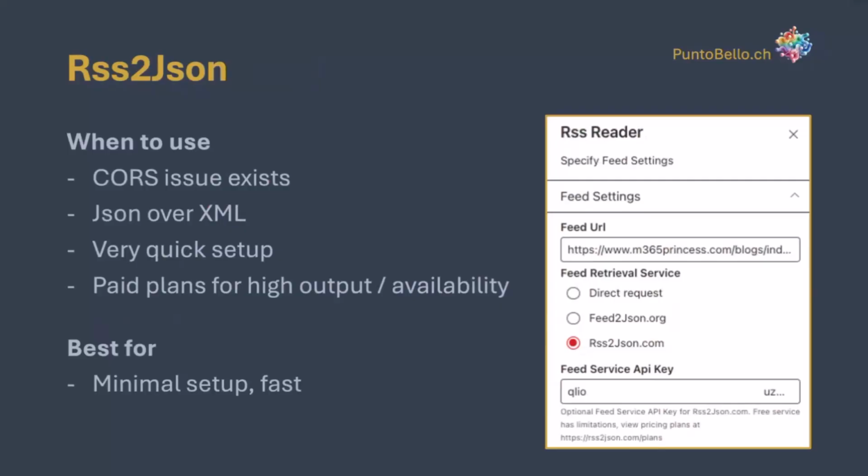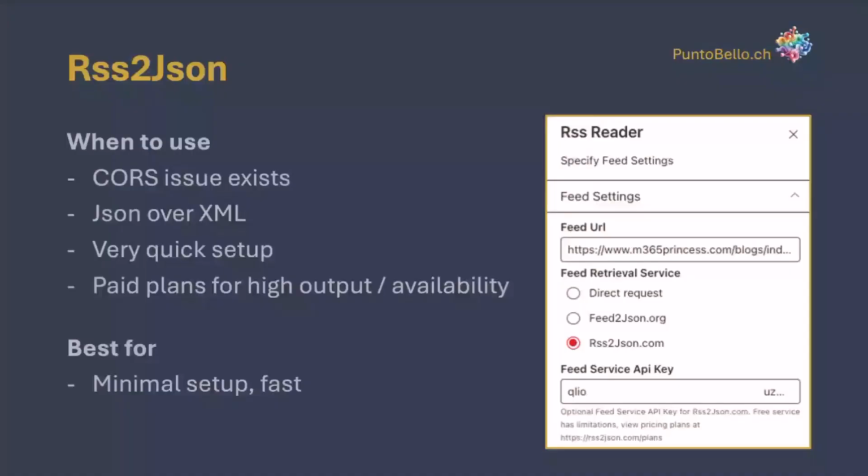The third one is the RSS to JSON feed service implementation. You can use it when you have a CORS issue on your RSS feed. It also gives back JSON. It's really quick to set up. You just have to register on this website, put in your RSS feed URL, and you can go.